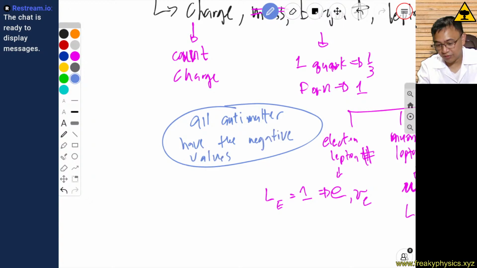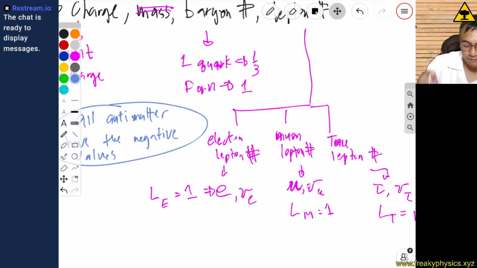For example, the anti-electron, or the positron, would have an electron lepton number of -1. Of course, in reactions, you usually just make sure that the lepton number is conserved. But in case you see other problems wherein you have electrons, muons, and taus, you have to go into the electron lepton number.